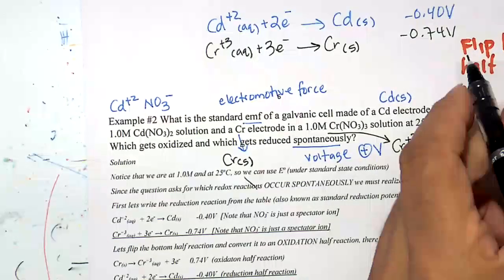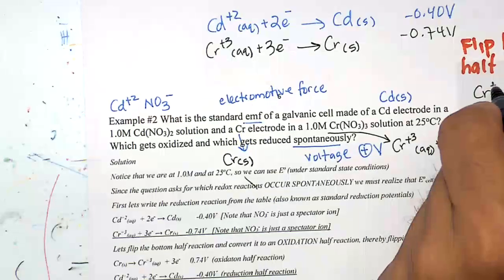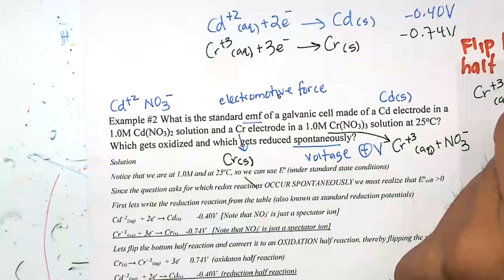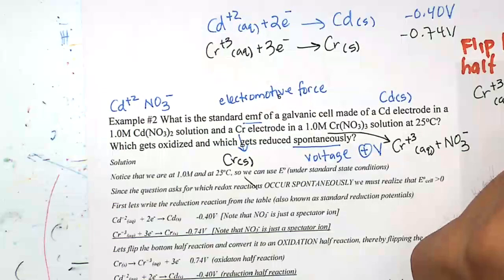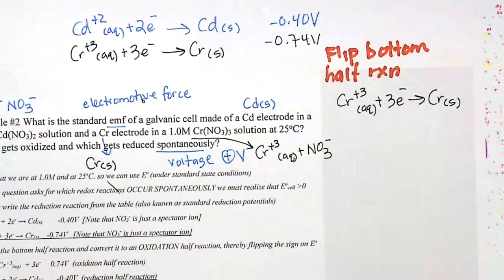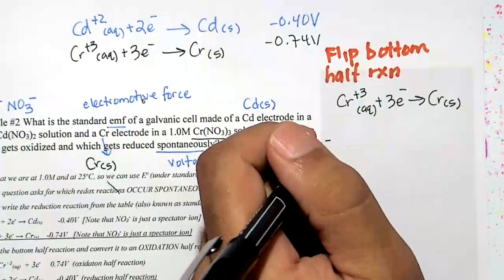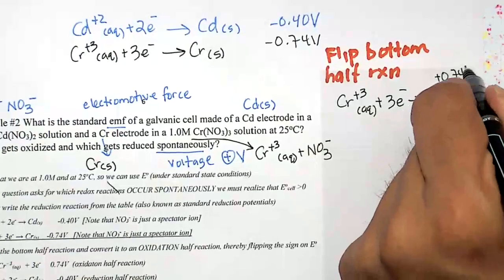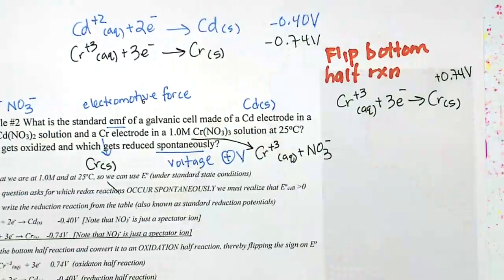So when we flip the bottom half reaction, we're going to get Cr solid goes to Cr3+ plus 3e minus. What will this be in terms of voltage? This is going to be positive 0.74 volts. Will this be the anode or the cathode?